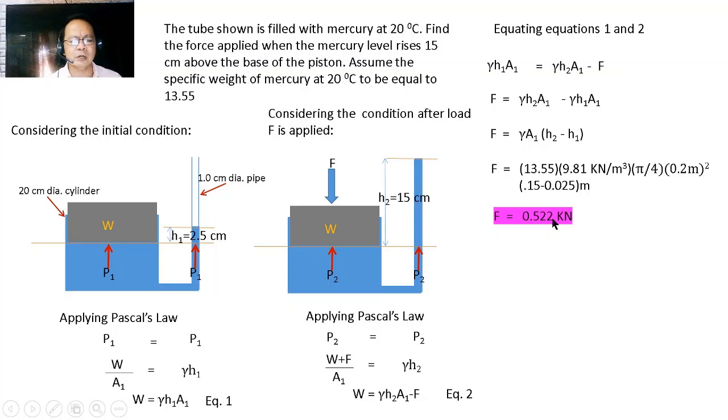So this is how we solve the problem, and we find that with this value of F, the elevation of the liquid, or the mercury, will rise to 15 centimeters above the bottom of the piston.